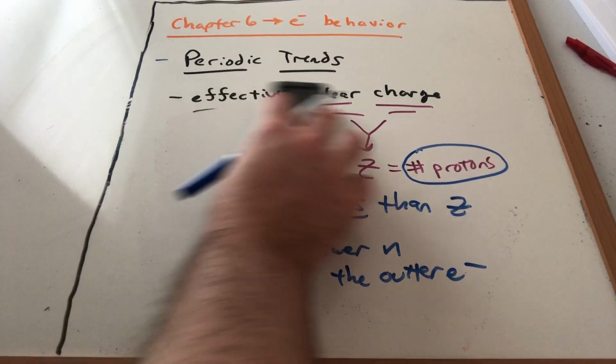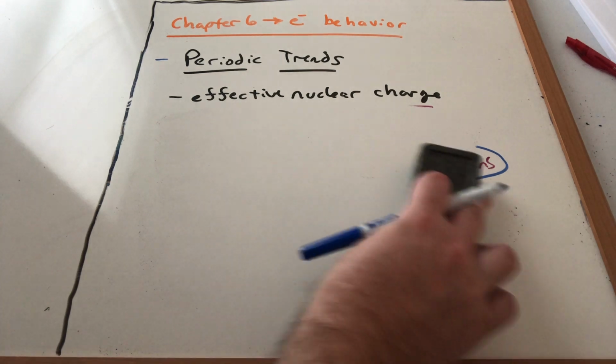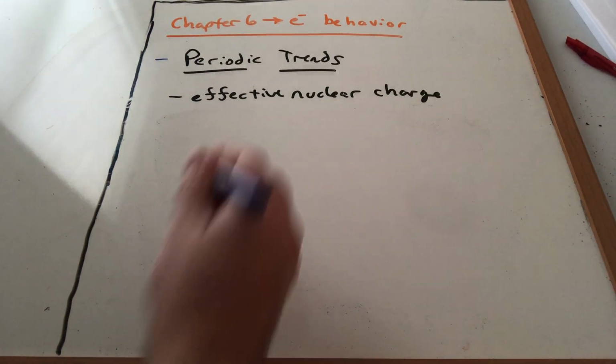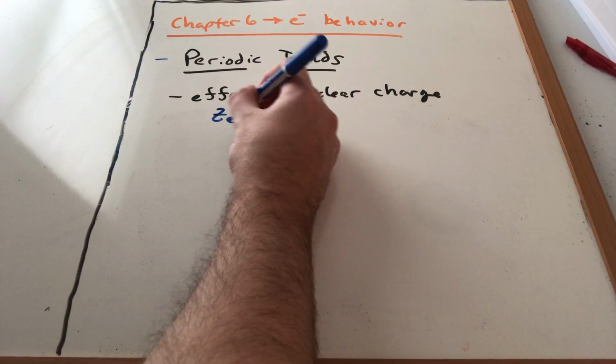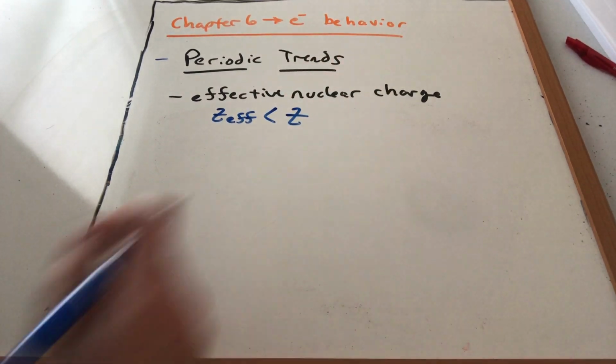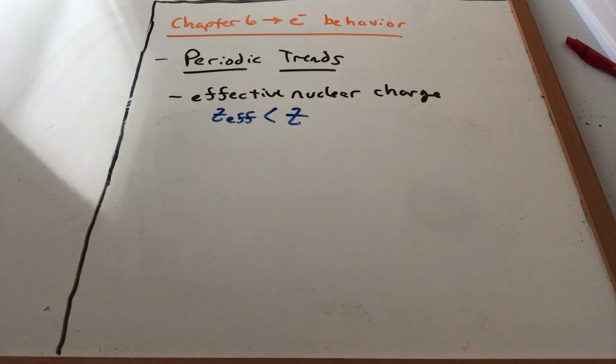So I'm going to draw a picture that sort of shows that situation. We label Z effective, Zeff, and we remind ourselves that it's less than the full charge. And only outer electrons are going to be affected by the Zeff idea.